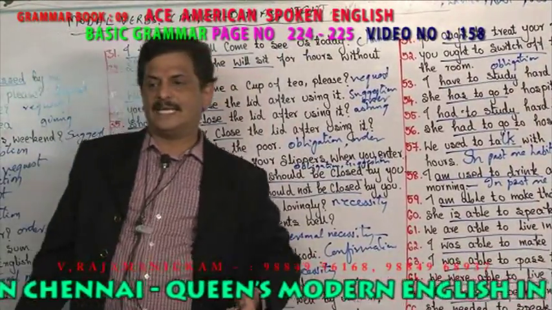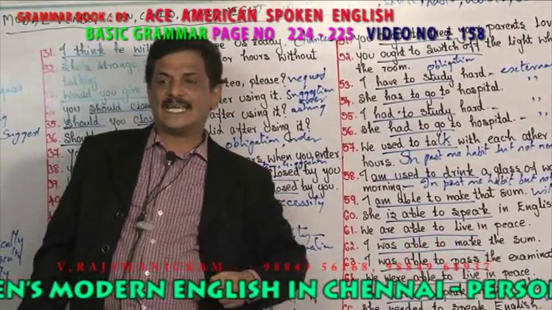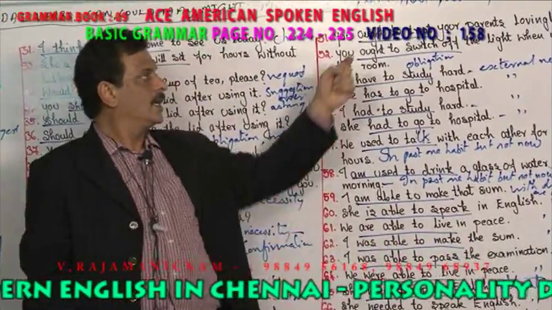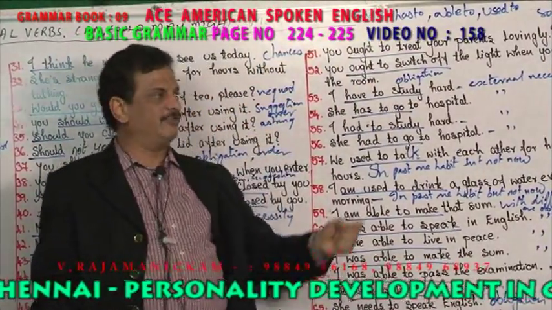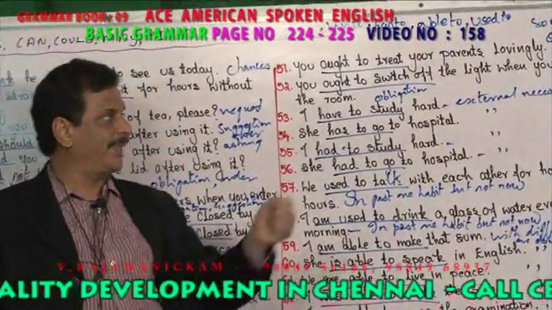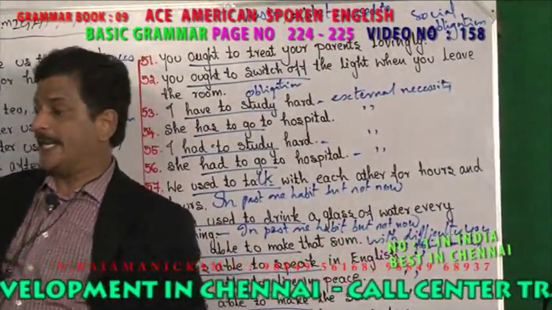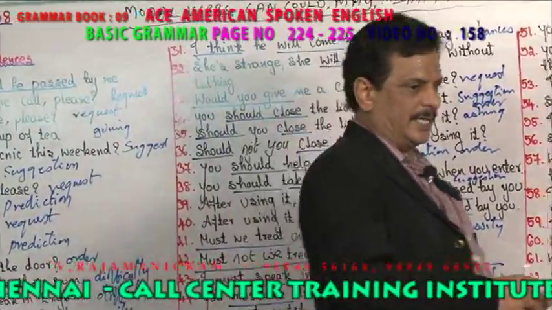Must, personal necessity. Should, obligation. Have to, external necessity. Has to, it is external necessity. Able to, with difficulty you are doing something. Used to, in the past you had the habit, but not now. Are you clear about this?